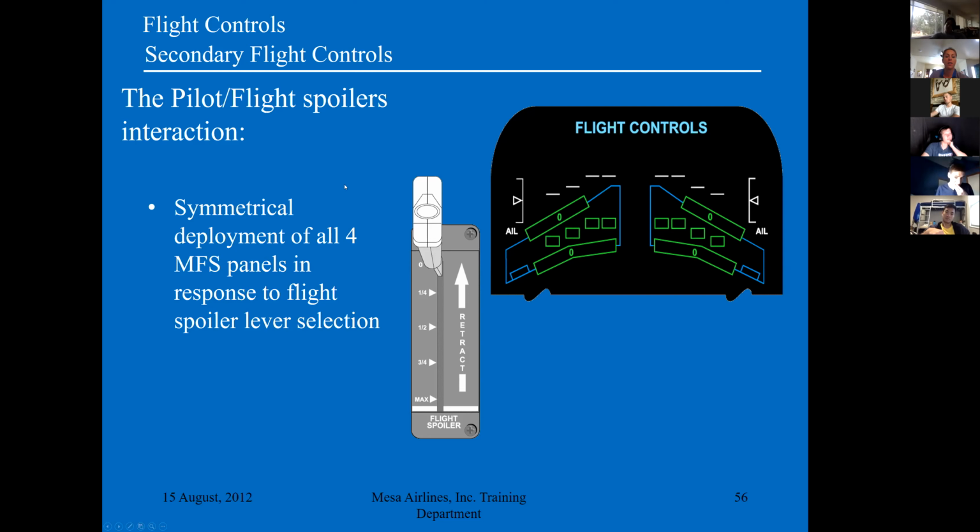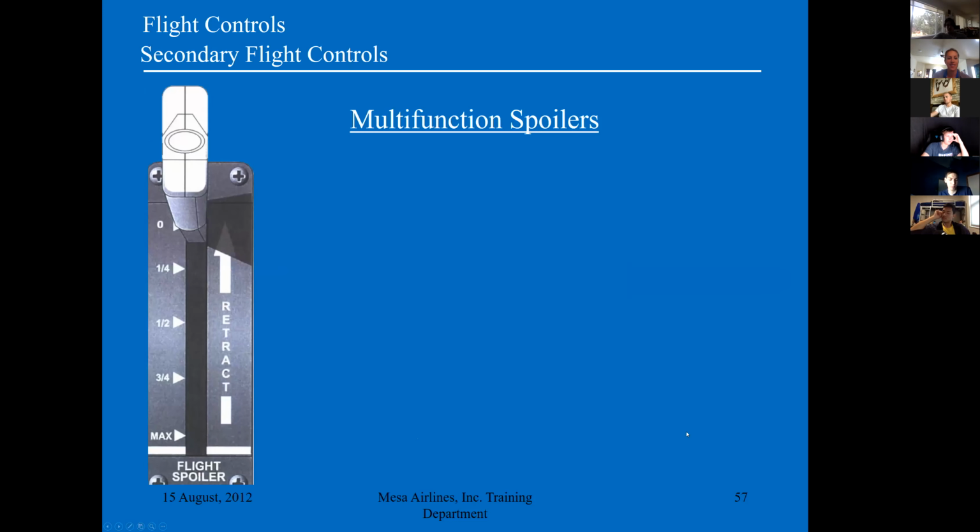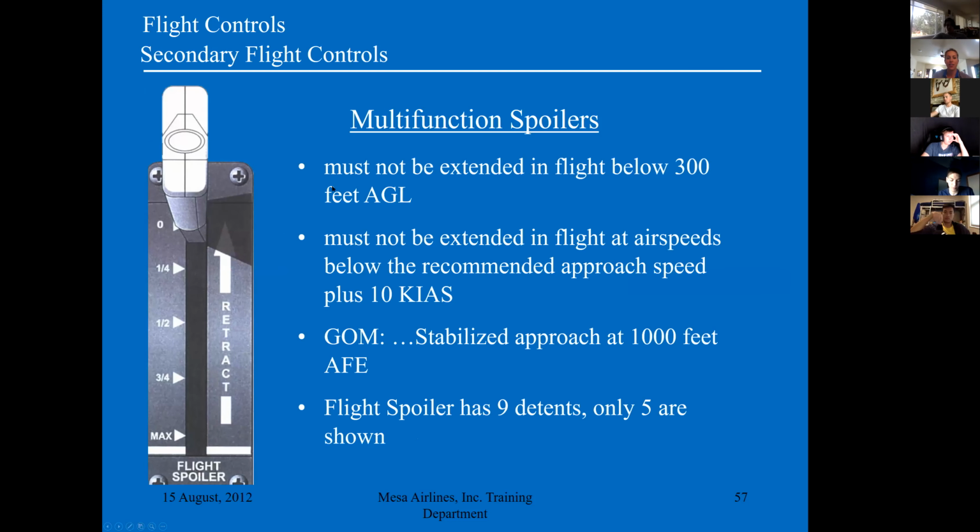As far as, let's get back to flight controls, you've got the spoiler handle, retract and extend, symmetrical deployment of all 4 MFS panels. Okay. Oh, hey, it's animated. How exciting. Okay.